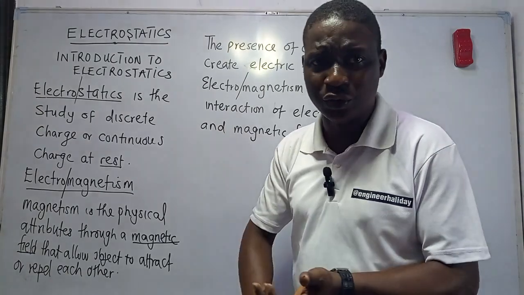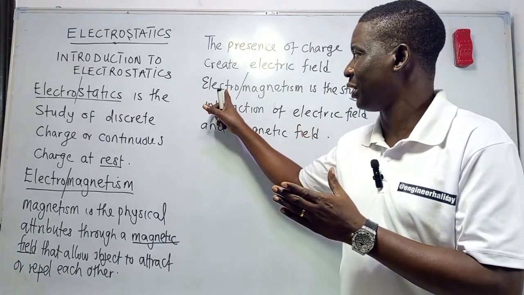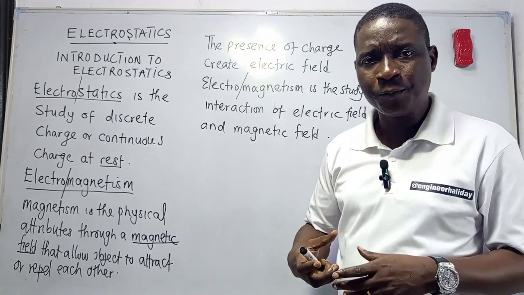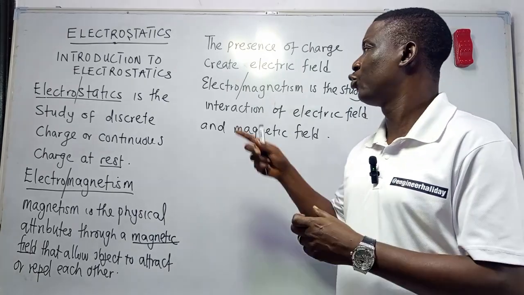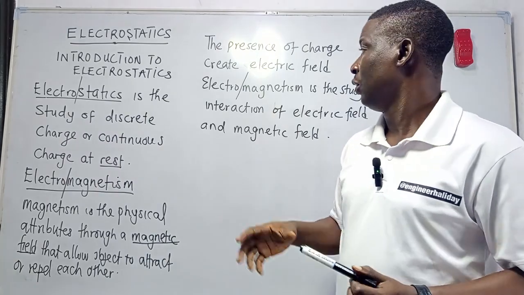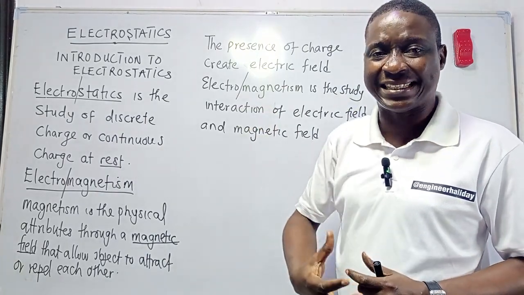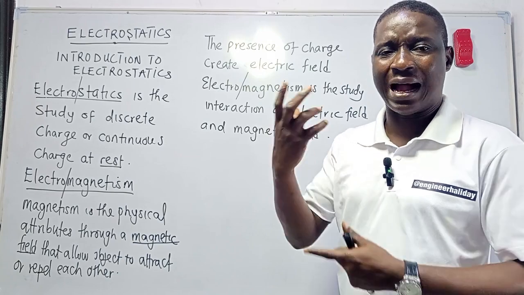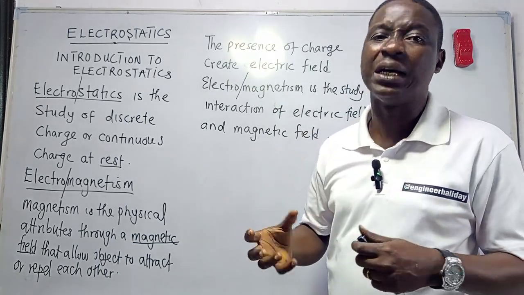That means electric field and magnetic field come together to produce the term electromagnetic field, which is the study of the interaction between electric and magnetic field. So electromagnetism is a term that is formed as a result of the study of interaction of electric and magnetic field.